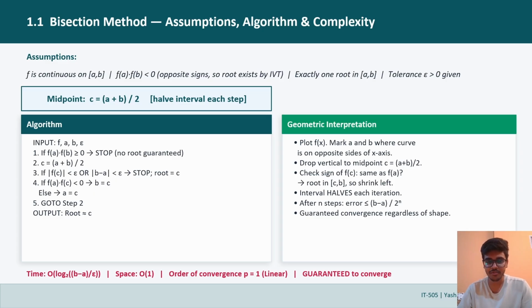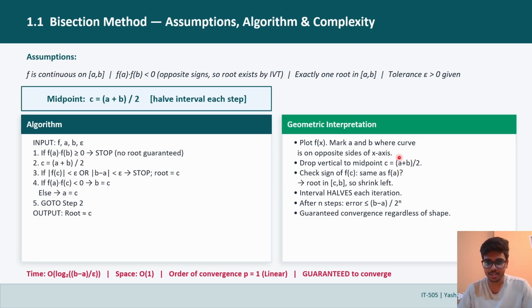Otherwise, we check which half of the interval still contains the root by looking at the sign of f(a) times f(c). If that product is negative, the root is in the left half, so we move b to c. If it is positive, the root is in the right half, so we move a to c. We keep halving the interval until we are close enough.